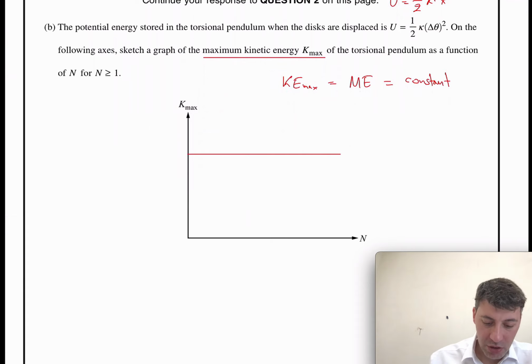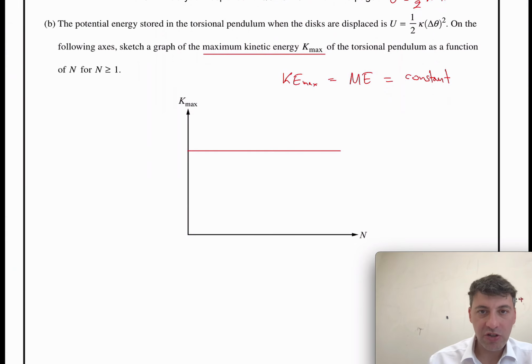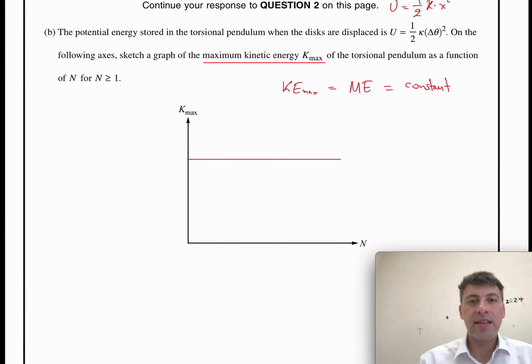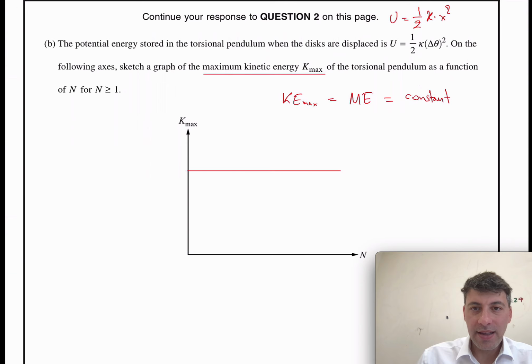And again, we don't need to justify this, so my explanation is not really necessary, but let's dig into this a little bit more. Again, the kinetic energy changes as the pendulum is turning. There are positions where the kinetic energy is zero, and there are positions where the kinetic energy is maximum. But in every case, this depends on how much we are turning the pendulum, and this has a definite value that doesn't really change.